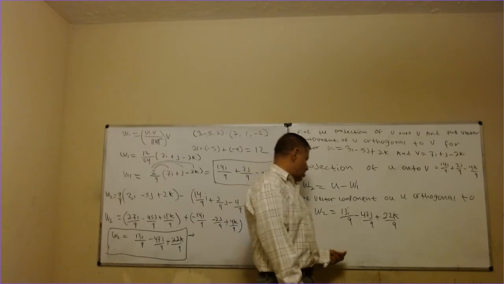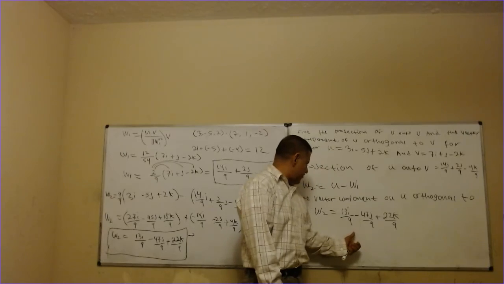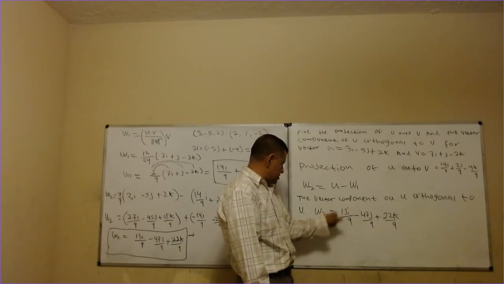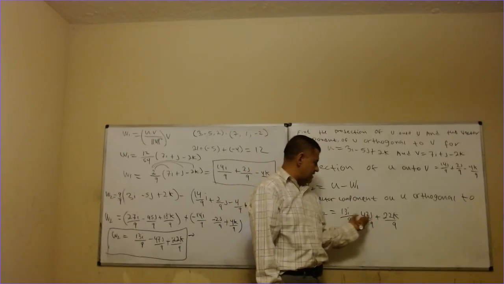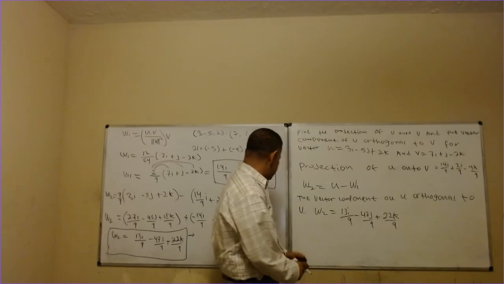Of course, you can factor 9 out and put 1 over 9 and then put this inside the parentheses, but it doesn't make any difference.